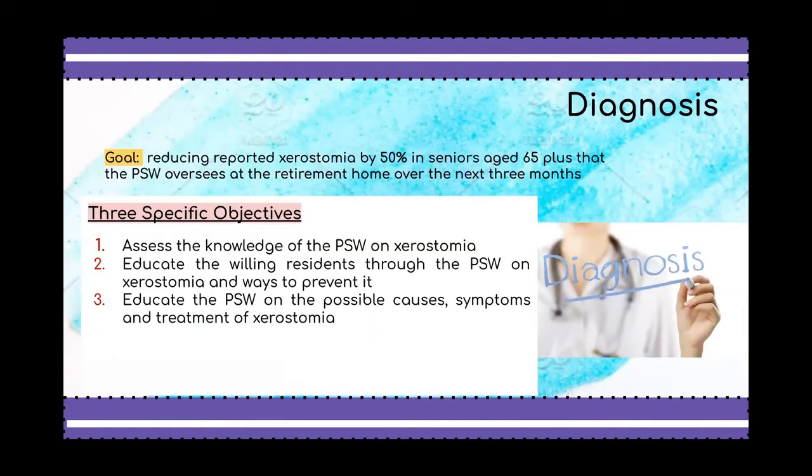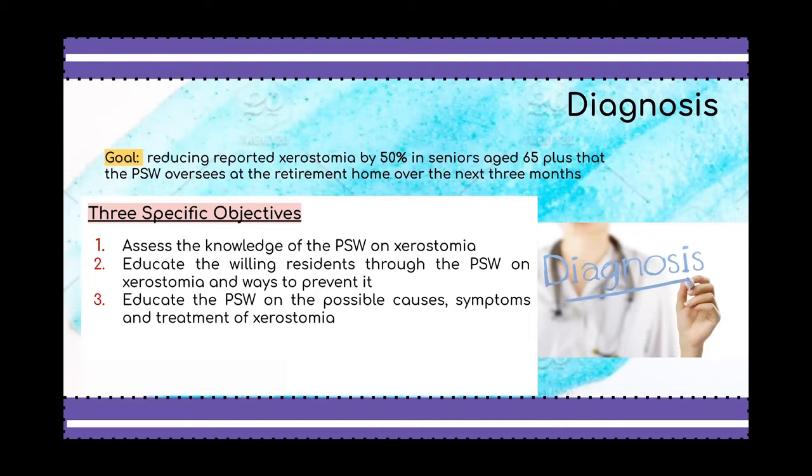The next stage of the ADPIE process is the diagnosis. Again, our goal was to reduce the reported xerostomia by 50% in seniors, age 65 plus, that the PSW oversees at the retirement home over the next 3 months. We have 3 specific objectives when developing a program.